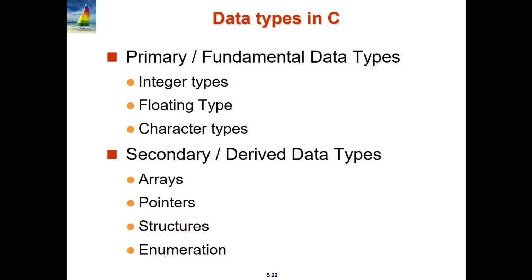Then there are derived data types, which are arrays, pointers, structures like that. So these are the different types of data types.